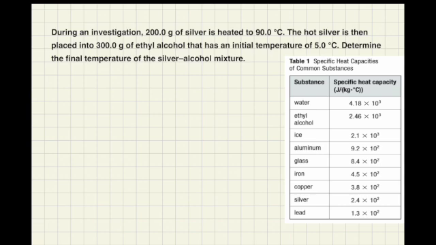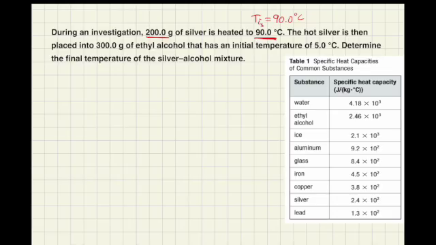During an investigation, we had 200 grams of silver and it's being heated to 90 degrees Celsius. So it's heated to 90 degrees Celsius before there's any interaction. I'm just going to make sure that we understand that this is T initial of our silver.